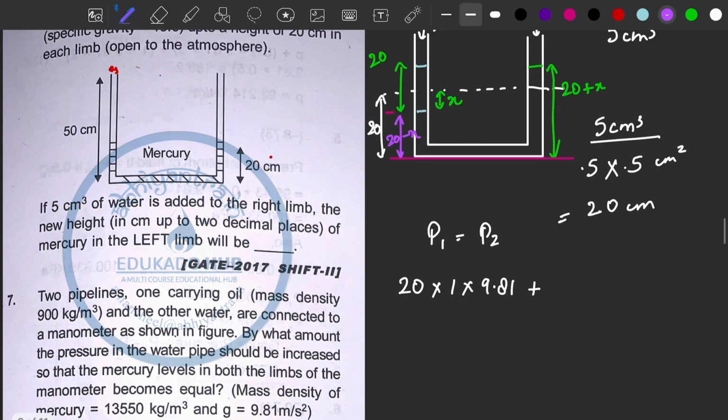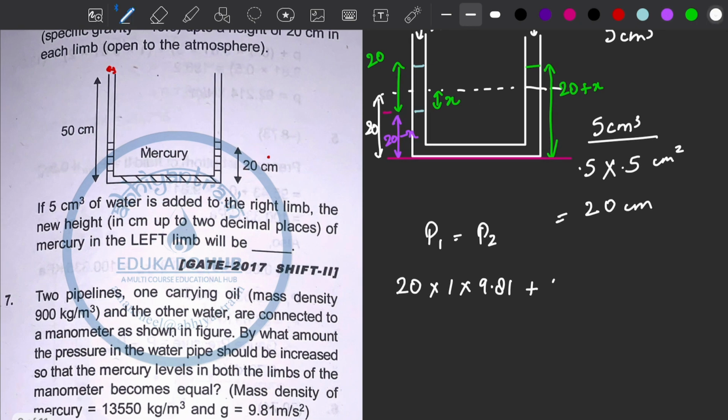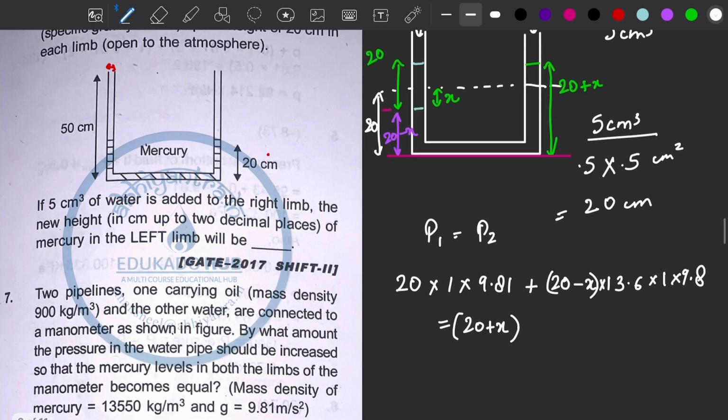So the mercury level is 20 minus X into 13.6 into the gamma W, that is 1 into 9.81. That will be equal to your 20 plus X, right? 20 plus X. Let us change it first into meters, so the calculation will be easy.